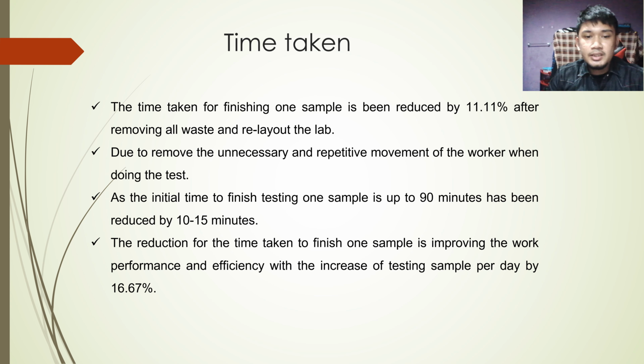As the initial time to finish testing one sample is up to 90 minutes, it has been reduced by 10 to 50 minutes. The reduction of the time taken to finish one sample is improving the work performance and efficiency, with the increase of testing samples per day by 16.67%.